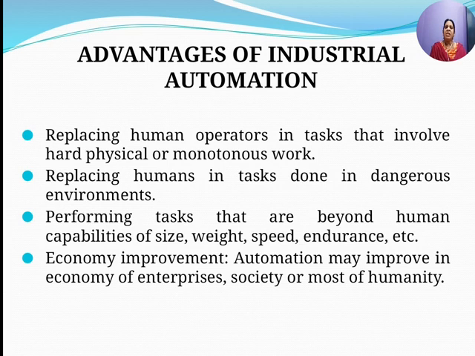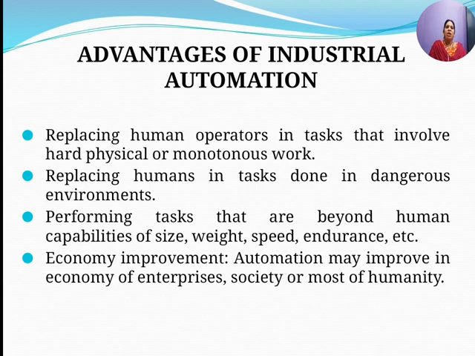And in performing tasks that are beyond human capabilities of size, weight, speed, endurance, etc. And economy improvement. Automation may improve the economy of the enterprise, society, or most of humanity. So these are the advantages of industrial automation.